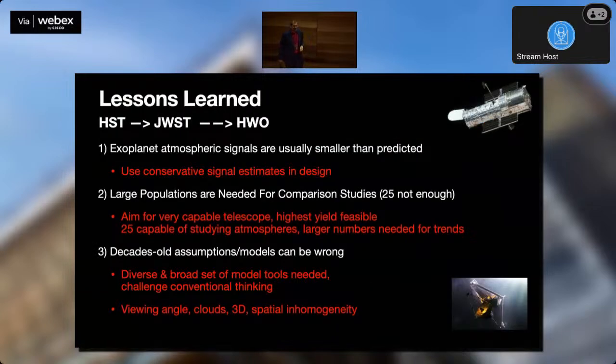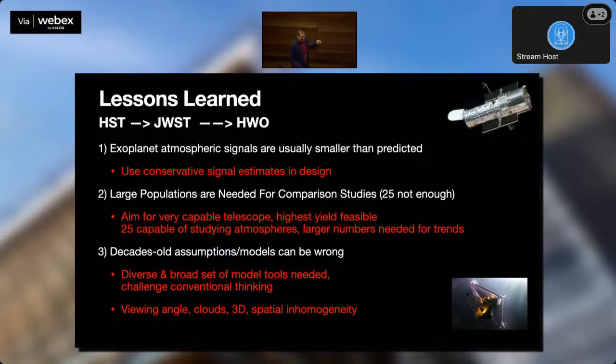So for Habitable Worlds, what does this mean? Well, exoplanet atmospheric signals are usually smaller than predicted. I would bet big money that will continue. You should use conservative signal estimates in the design phase. And large populations are needed. So 25 planets is a great first start. It's definitely worth doing. It's really exciting.